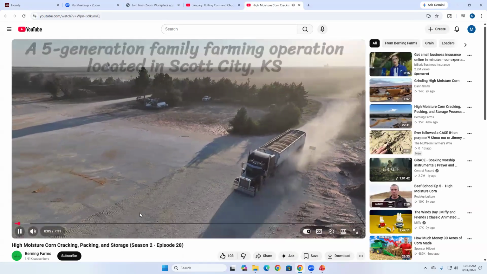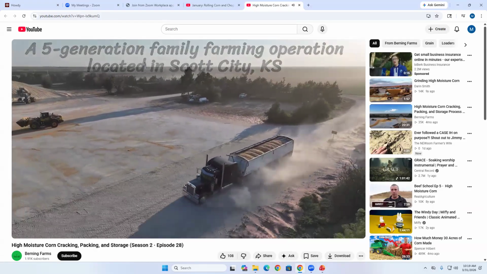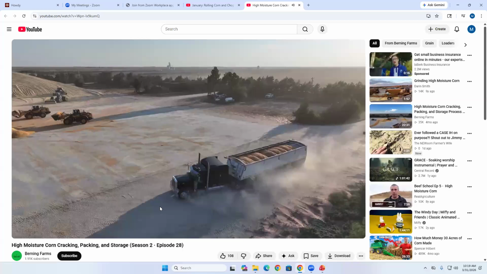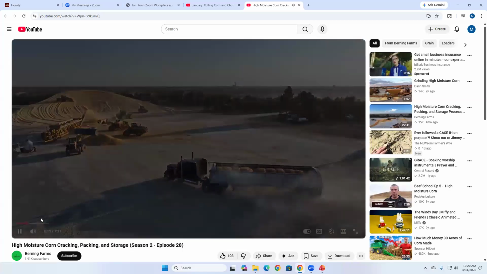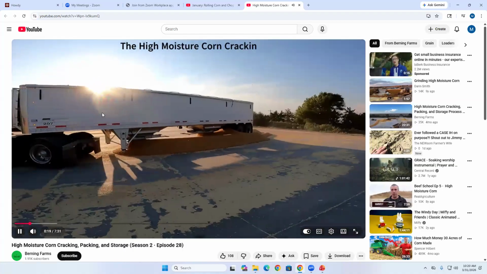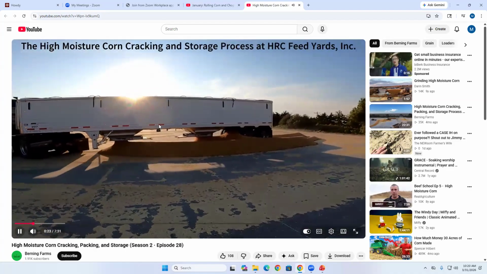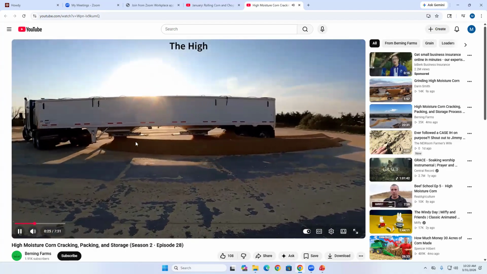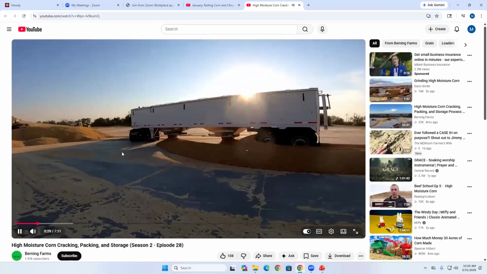So I just said that most of that's going to be put up in the Midwest, but here we have Scott City, Kansas, which is southwest Kansas. So truck goes, combine dumps corn from field into truck. Truck comes, dumps corn out here. They're going to put it into a roller mill, very similar to dry rolling.